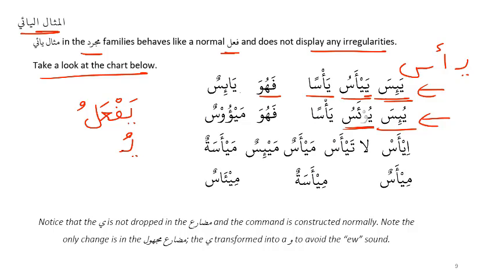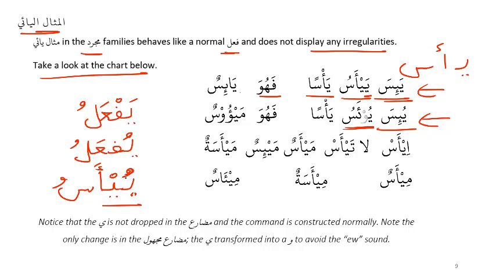Yuf'alu. Exactly. The majhul looks like yuf'alu. So if your root letters are ya, hamza, and sin, what would this become? Ya with dhamma, ya: yu'asu. Does this sound smooth or does this sound ugly? It doesn't sound good.